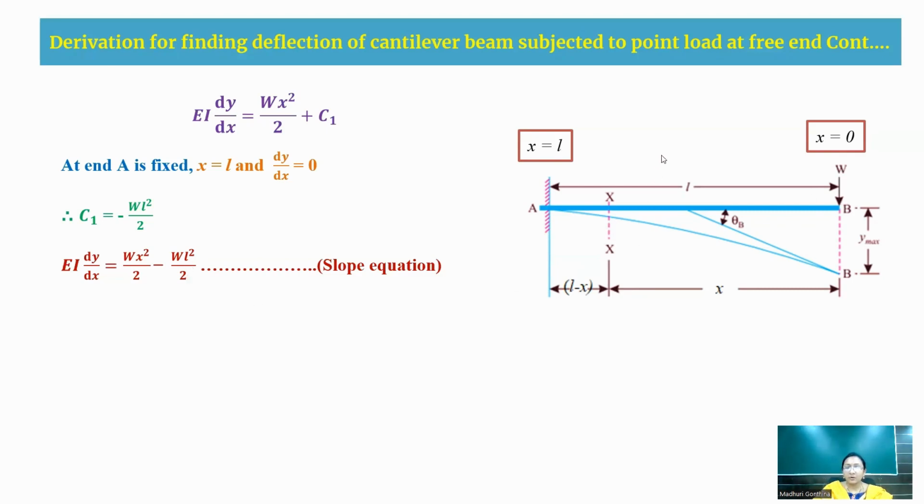Suppose you want it at x equal to L by 2, we can substitute the L by 2 value in place of x. After this, I substituted x equal to 0 and I got dy by dx as theta B. As I already told you, theta B is minus W L square by 2EI. So this is the slope at this B point.